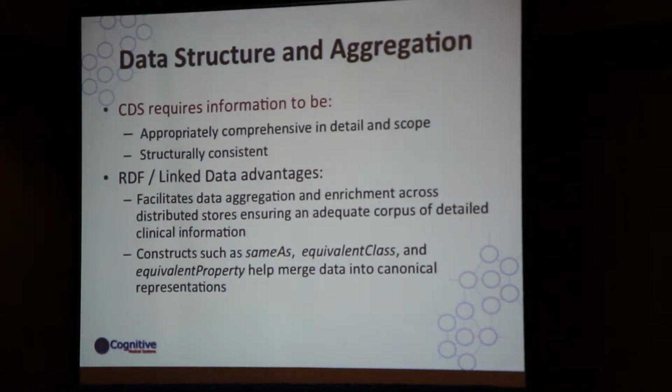And obviously RDF is, and I won't belabor this because other speakers have covered the aggregation and structural normalization capabilities of RDF earlier, but fundamentally concepts like same as, equivalent class, equivalent property in an ontology allow us to structurally aggregate and normalize larger corpuses of medical information so that we can reason over more complete data. Simplistically said, if you have more data, more complete data, your choices and decisions may be better.